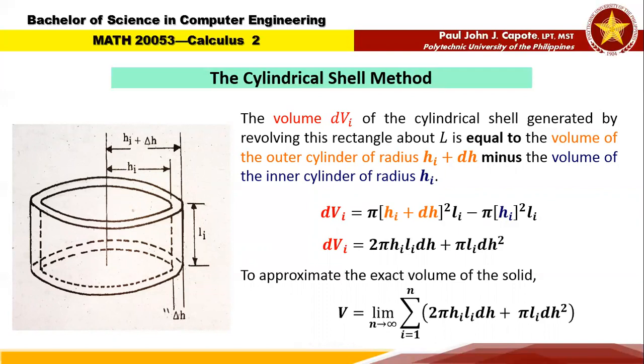Or in other words, the exact volume of the solid of the cylindrical shell is the limit of the summation of the volume of the outer cylinder minus the volume of the inner cylinder.